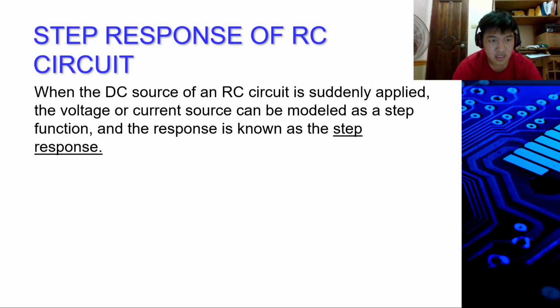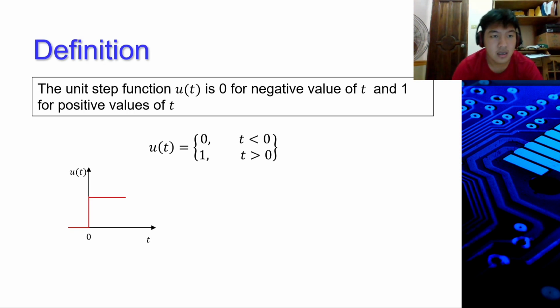by step function. Okay, definition. The unit step function of t is equal to 0 for negative values of t and 1 for positive values of t.